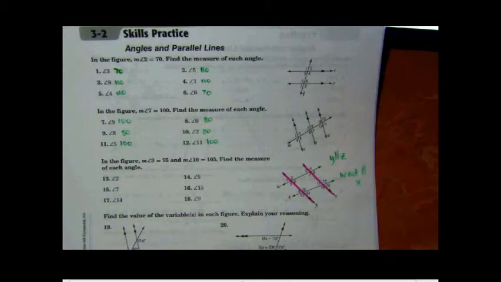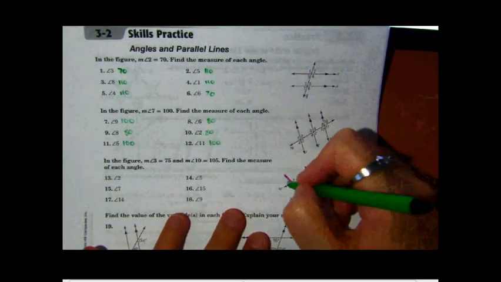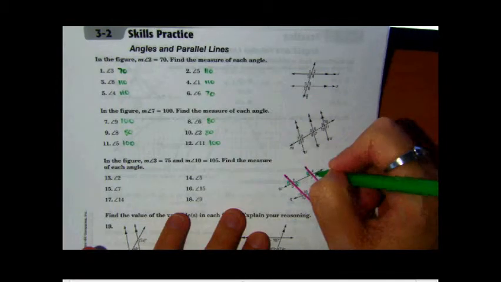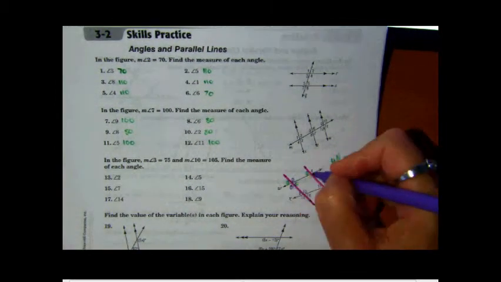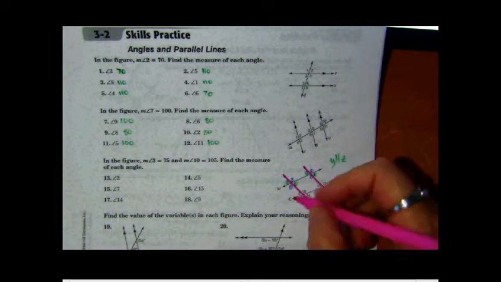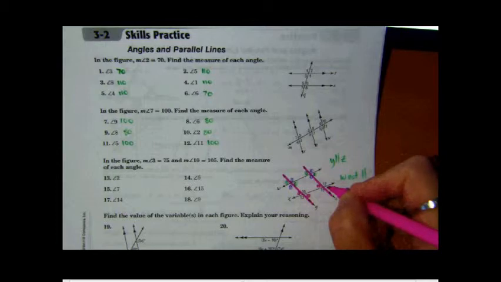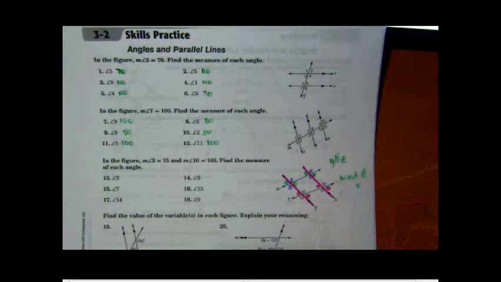Okay? So if I were going to mark these for congruency, those would all be congruent with each other. These would be congruent with each other, and then the ones without a dot on them would be congruent. I only have 3 colors with me, so I can't mark those. Okay.